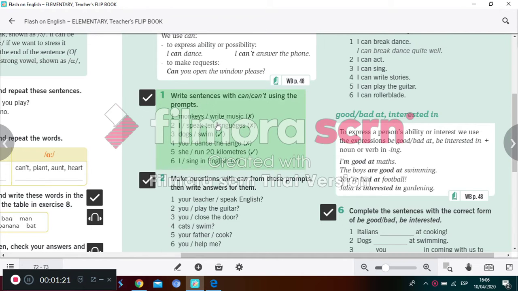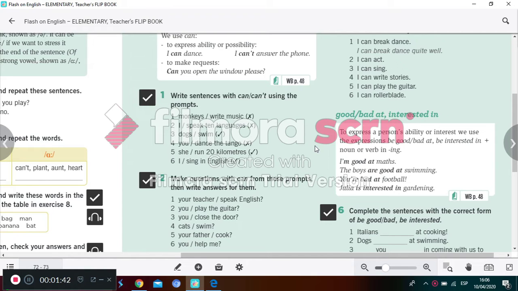Now, very easy, students. In activity number 1, here you have 6 sentences, and these 6 sentences have a cross or a check. So you need to write in your notebooks these sentences in affirmative or in negative.